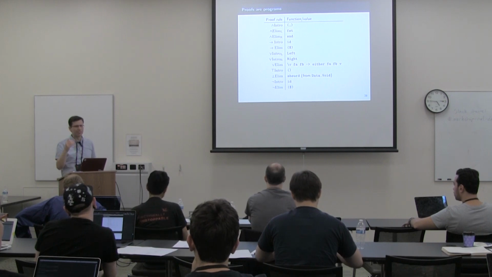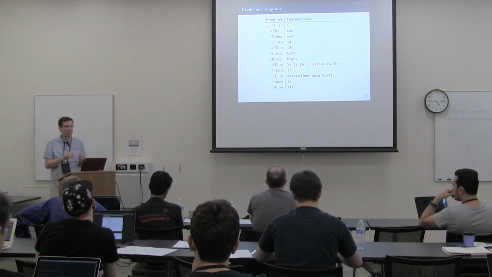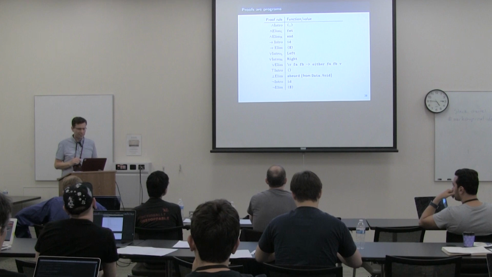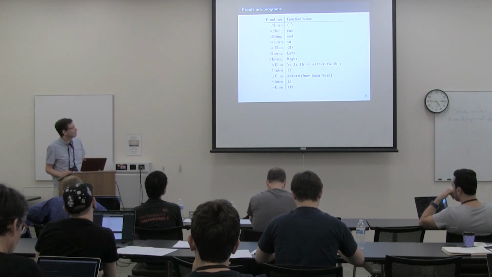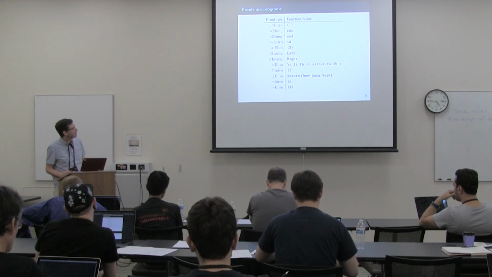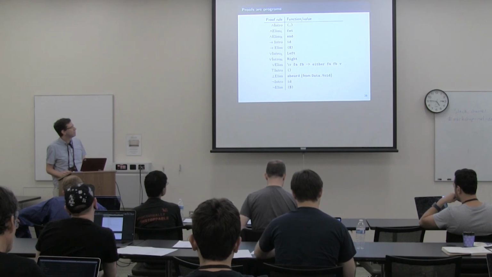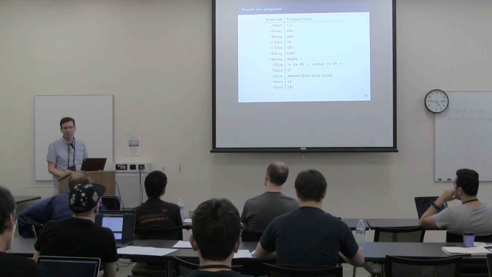So the empty function is just a set without any of these pairs in it. It doesn't map anything to anything. That's what this absurd function is. So it can never operate on any values. Its input is type void. And since it can never actually be called, you can pretend it returns anything, any type you want.